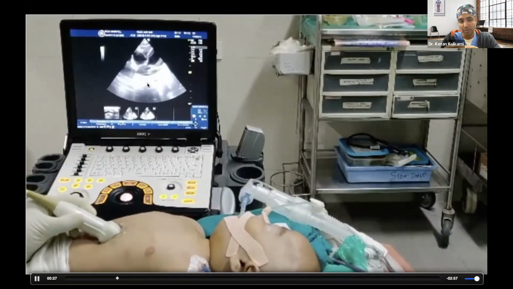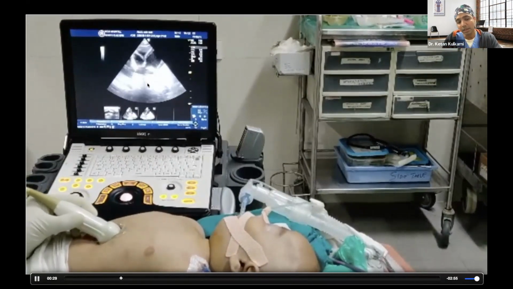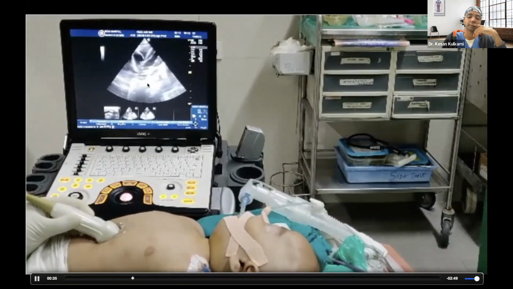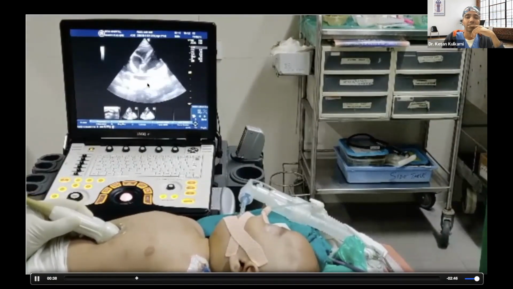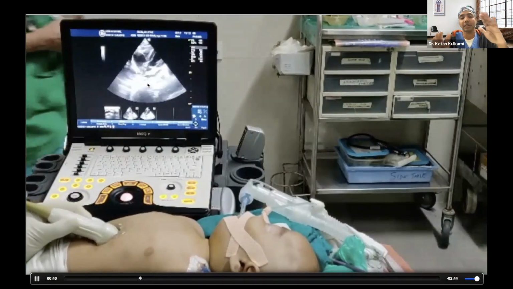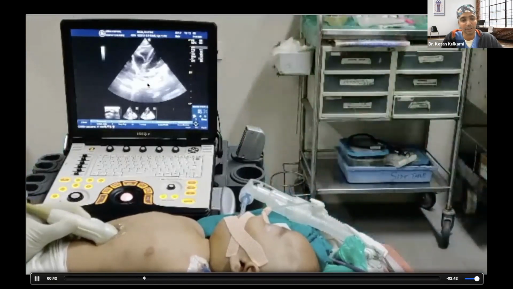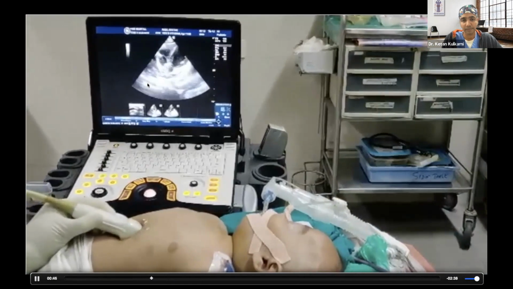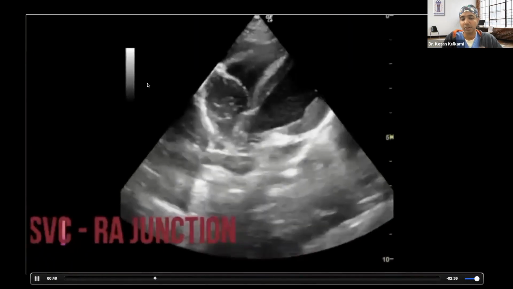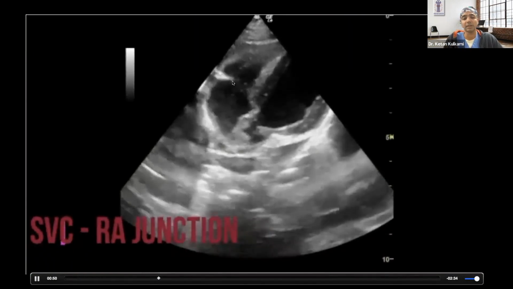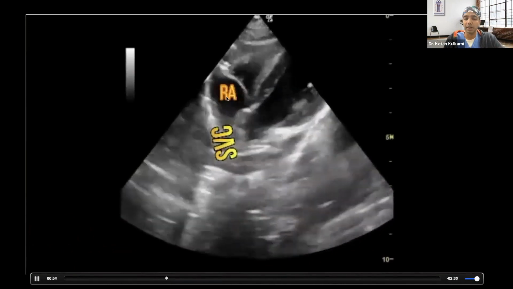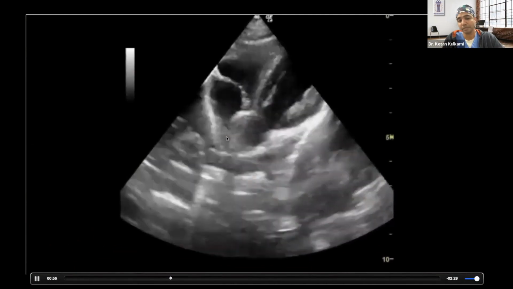So this is the probe in the subcostal area, with a slight anti-clockwise rotation, and you will be able to see the SVC-RA junction. You will see an enhanced view in just a second. So this is an enhanced view. You can see this is the 4-chamber view. This is the right atrium, then the SVC.